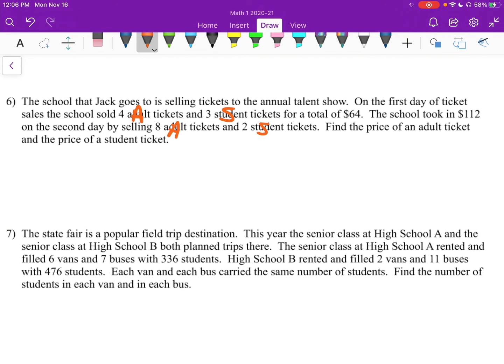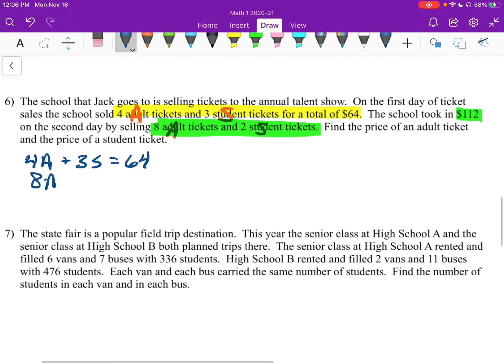Find the price of an adult ticket and the price of a student ticket. So the first day was this, and the second day was this. So we'll say 4A plus 3S equals 64. And for the second one, we'll say 8A plus 2S is 112.